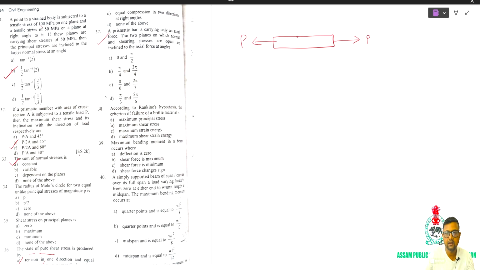Right. Let me draw one particular point. Suppose I take a point 1, and I enlarge it. So here, suppose my x. Only sigma x is carrying, right? Now there will be stress on this plane, theta and tau.